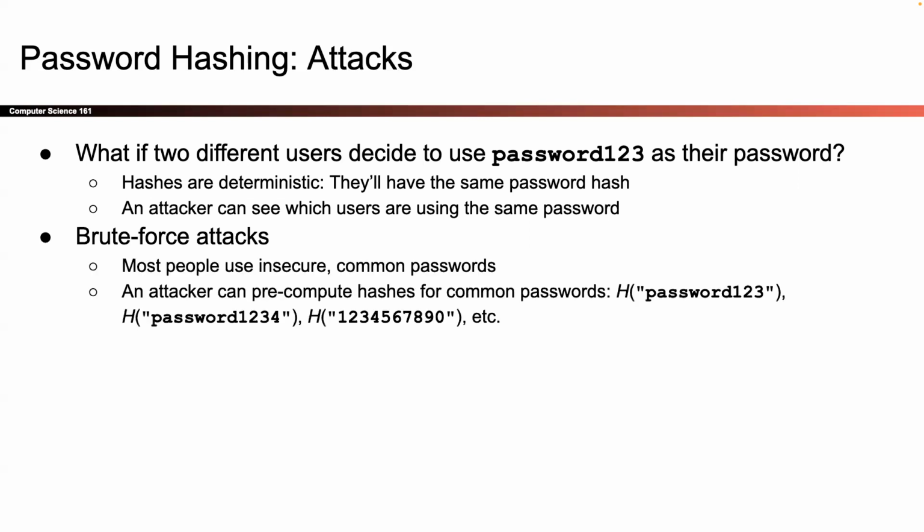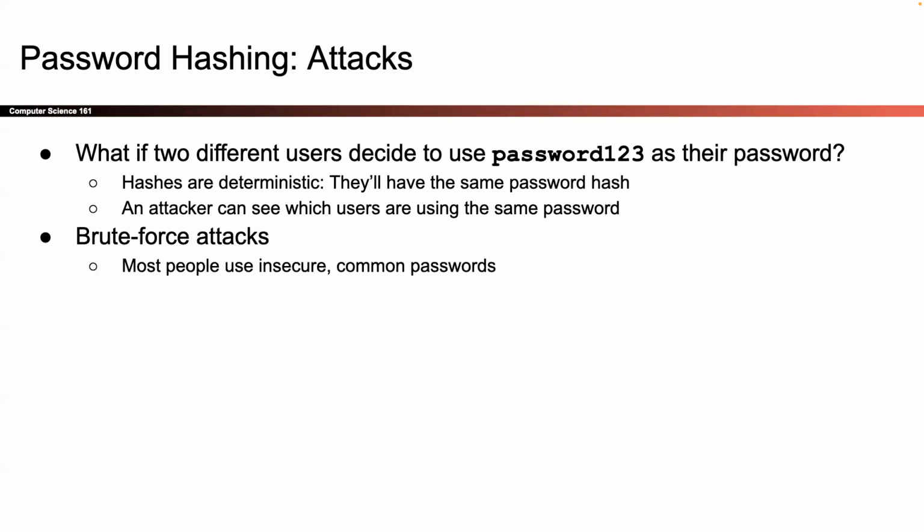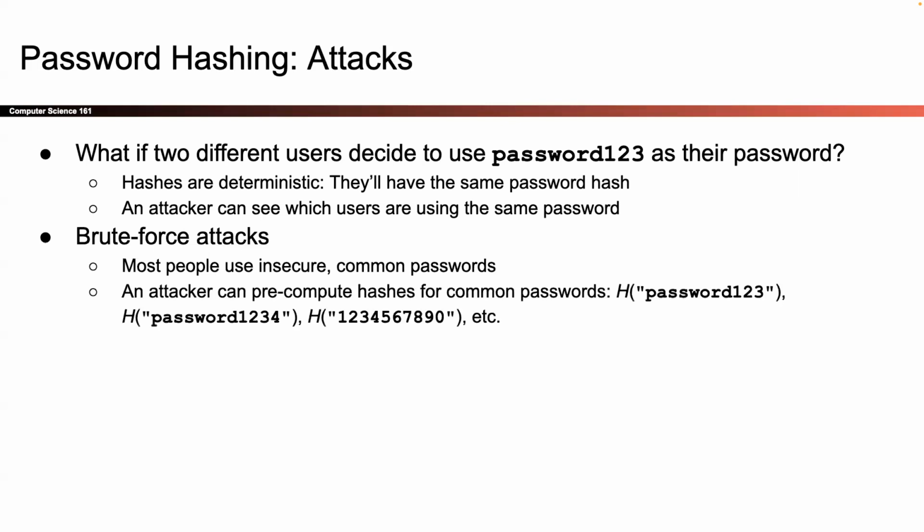There's another problem, which is most people are pretty bad at choosing passwords. I don't know about you, but not all of my passwords are really long, secure strings of random characters. Everyone loves to use their birthday, their dog's name, whatever. And so what an attacker could do is use brute force to their advantage. They could say, I know that most people choose passwords that look like this: password123, password1234, 1234567890, the names of all the common dogs, all the birthdays out there.